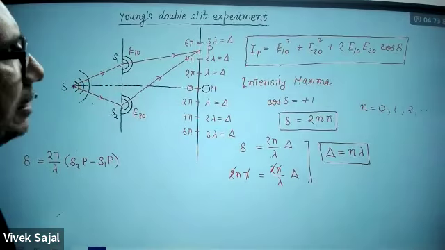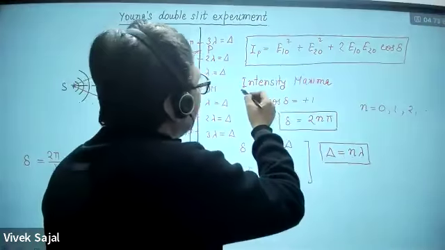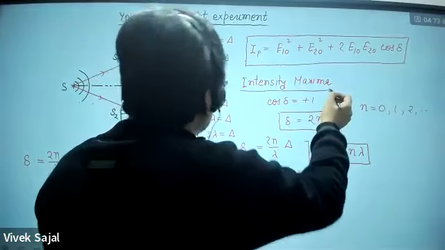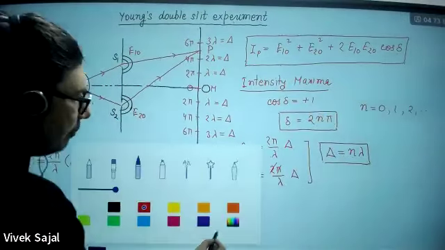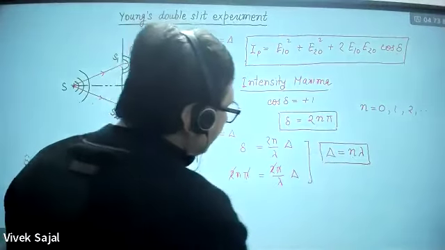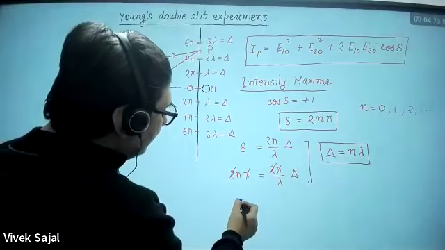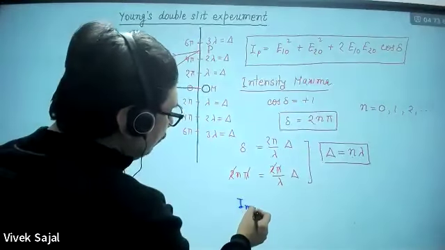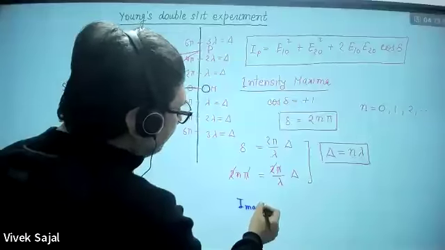Next important thing is what will be the maximum intensity. Maximum intensity I max you are going to get when cos delta is plus 1.